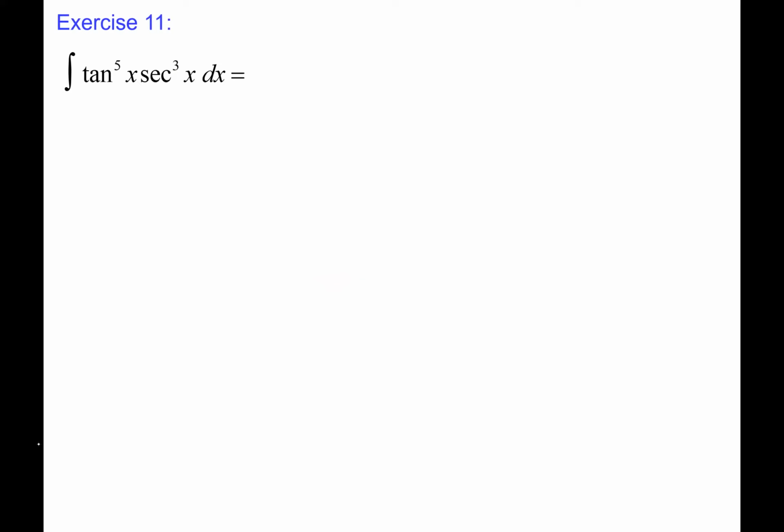That means you probably also remember, if it's two odd, I will probably let u be secant of x. What's the derivative? Who can tell me the derivative of secant of x? Secant tangent, or tangent secant, the same thing: one secant times one tangent.